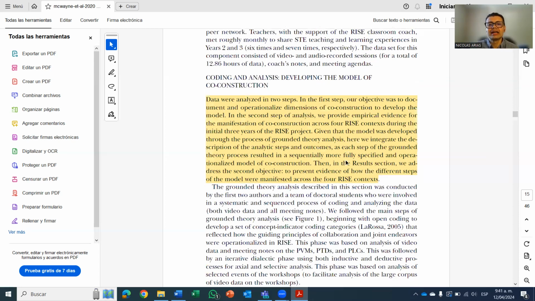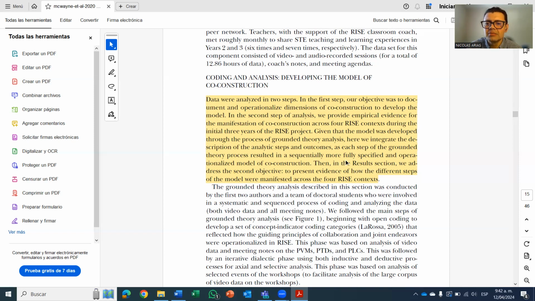The data were analyzed in 2 steps. In the first step, our objective was to document and operationalize the dimensions of co-construction to develop the model. In the second step of analysis, we provide empirical evidence for the manifestation of co-construction across 4 RISE contexts during the initial 3 years of the RISE project.